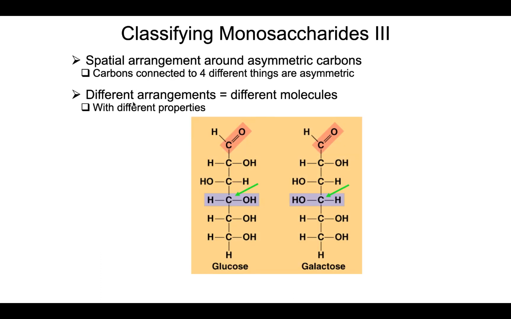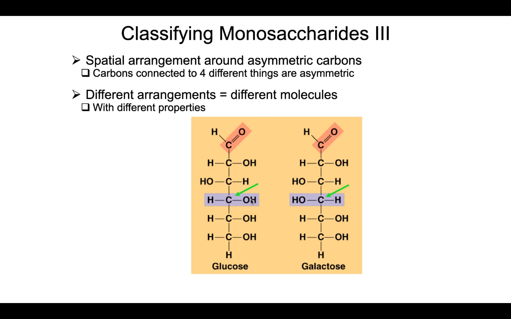And finally, they can differ in how the different groups are arranged around the carbons. So if we have this molecule here, with carbons 1, 2, 3, 4, 5, 6, both of these are hexoses. Both of them are aldoses, and yet they're still different molecules because look, around this carbon here, they are different.